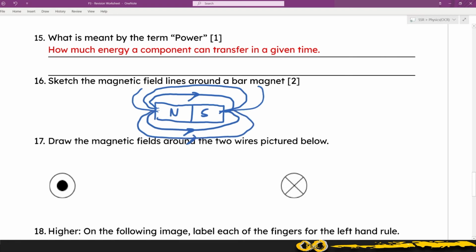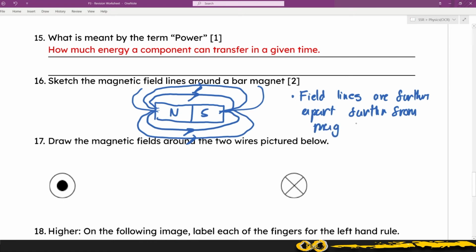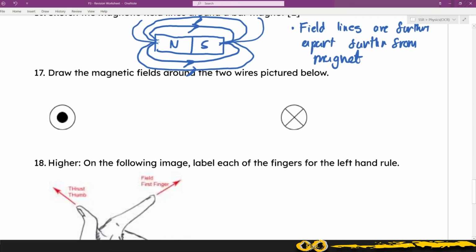If you're worried about the examiner being able to interpret your drawings, then you might want to specify that the field lines are further apart when they're further from the magnet. In this way, you're ensuring that the examiner understands that you understand the concept of the magnetic field as it goes away from either the magnet or a wire.